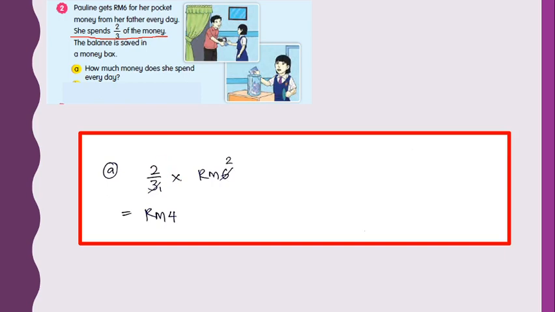So 2/3 times 6 ringgit is 4 ringgit. So she spent 4 ringgit every day. You can do it like this, simplify, or you can do the usual calculation, 2 times 6 divided by 3 also can, as long as you get the answer 4 ringgit. Alright, so this is the answer for 2A.